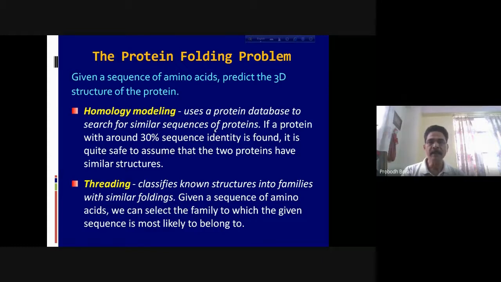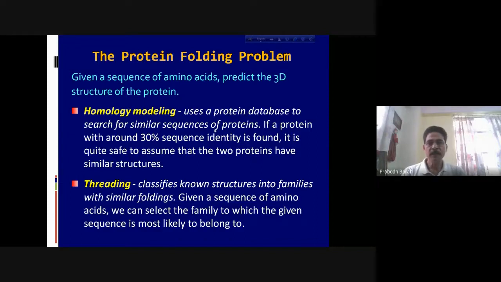So in this case, we go for the protein classification into families. Proteins which are similar in their physicochemical characteristics can be grouped into specific families.